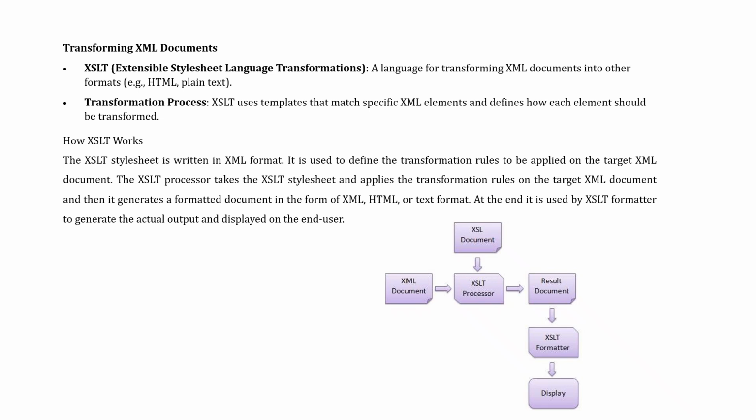At the end, it is used by the XSL formatter to generate the actual output and display it to the end user. The diagram shows the working process of XSLT.